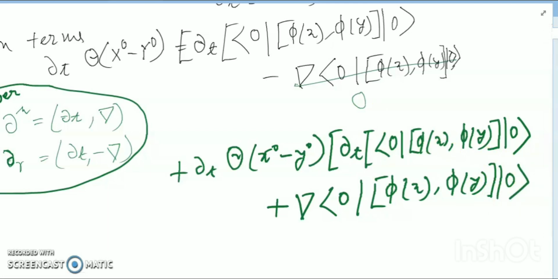Okay, so this portion is cancelled with these portions, as it is plus and it is minus.